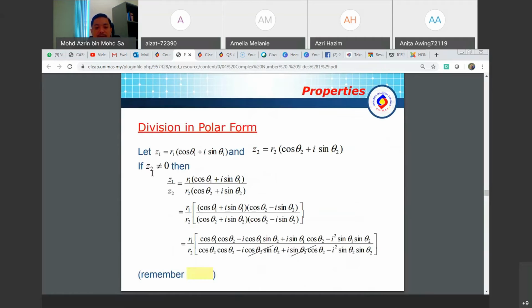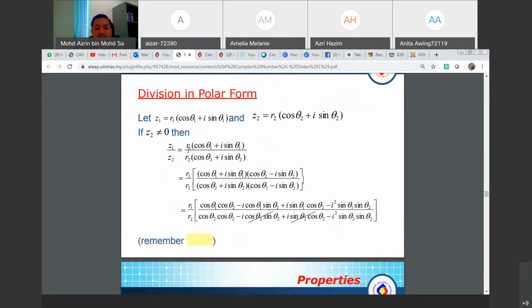If Z2 is not equal to 0, then you can do division. If Z2 is 0, you cannot divide. Z1 cannot be divided by Z2. Alright, so now to find the division, just now it was multiplication Z1 times Z2. Now Z1 divided by Z2.